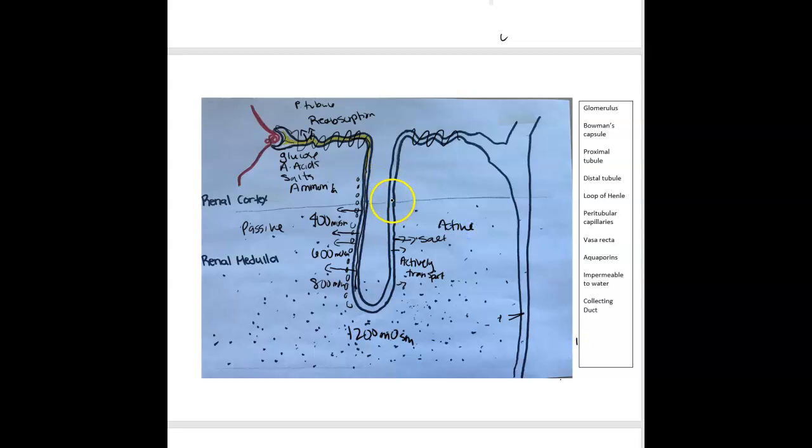And so as our filtrate travels back up, it's going to reach the distal tubule. Pretty much the same thing is going to happen here. Once again, we're going to try and take out all of the good stuff. We're going to try and reabsorb the glucose, amino acids, anything that we don't really want to get rid of.